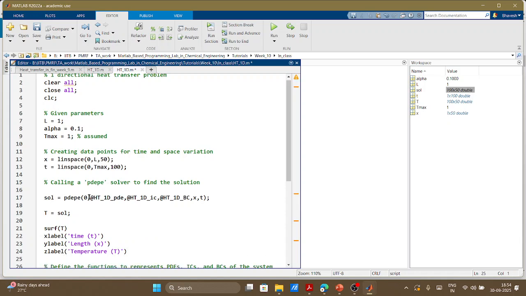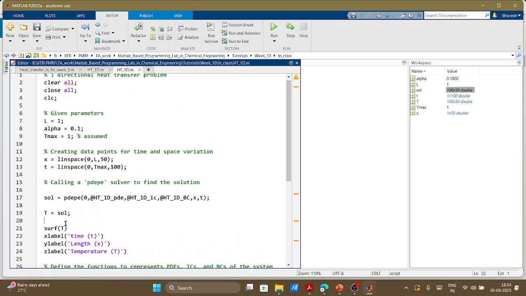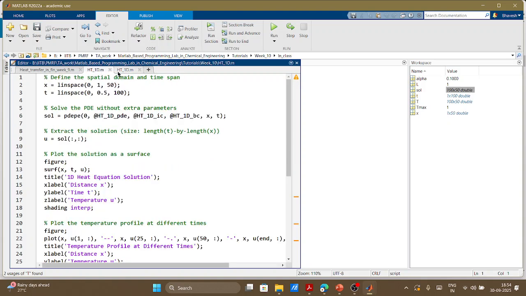Okay, what else? Let me just quickly see through the reference part. Title is fine. Z label, surface xt, you can add x is t.